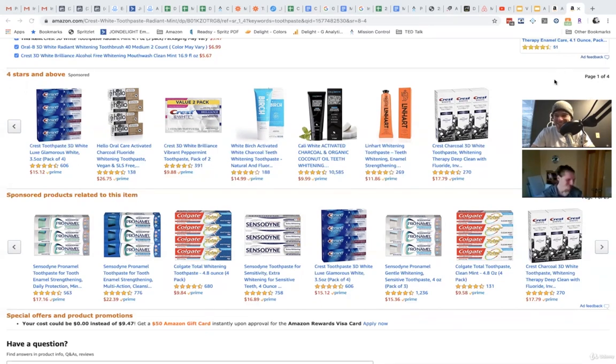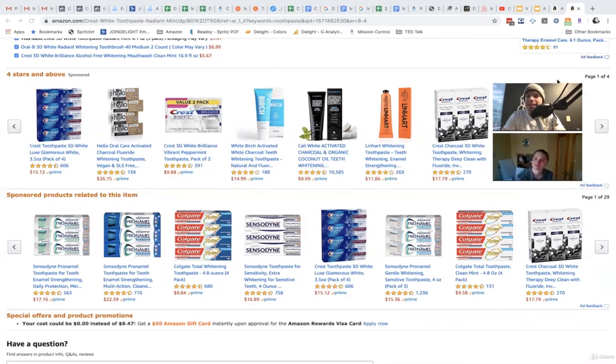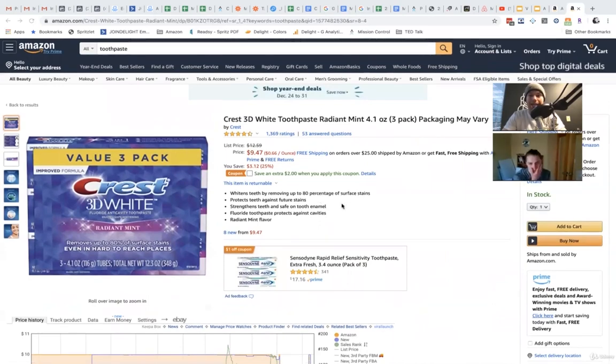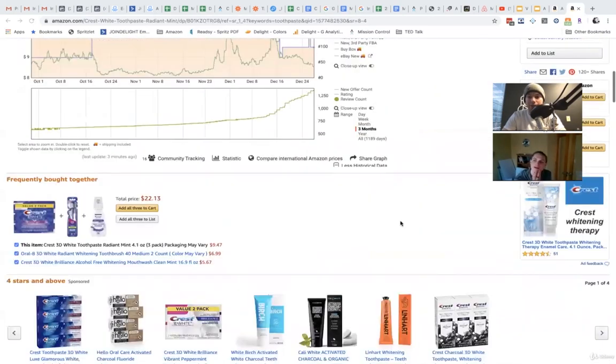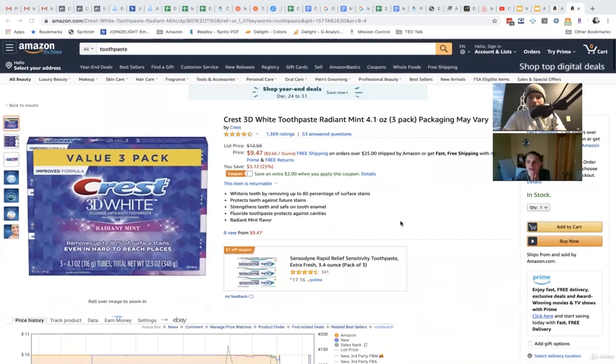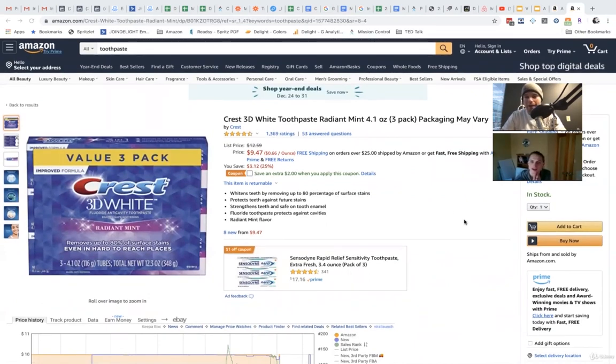Anyways, the intuition says, well, this Crest toothpaste is getting a lot of traffic, I want to go advertise on their listing and steal that traffic away. The problem is when it's Crest, they have 1,400 reviews. You probably don't have that many reviews.